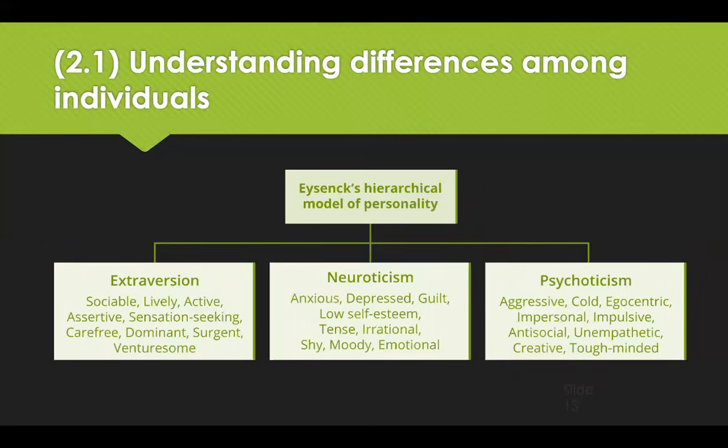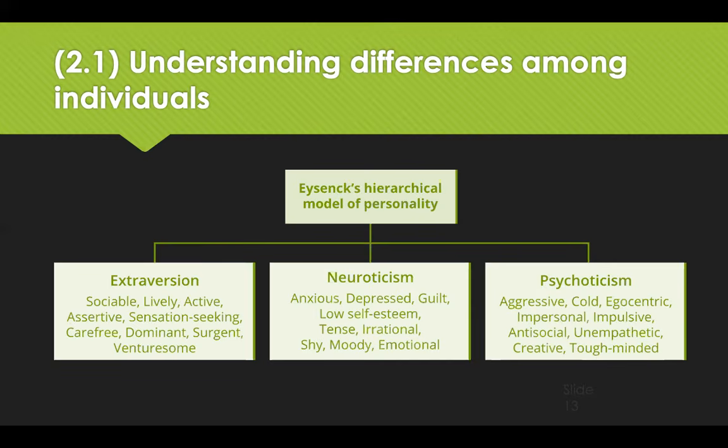So as you can see here, on the extroversion, these people are sociable, lively, active, assertive, sensation-seeking and carefree, dominant, and venturesome. You've then got the neuroticism, which is anxious, depressed, guilt, low self-esteem, tense, irrational, shy, moody, and emotional.